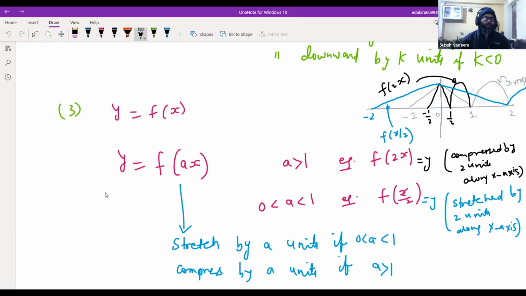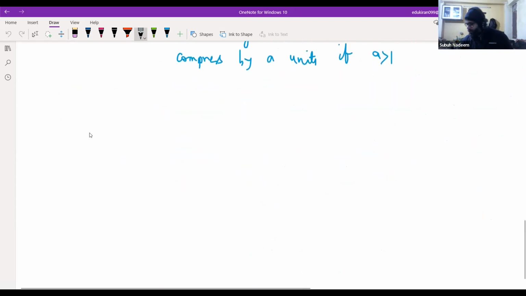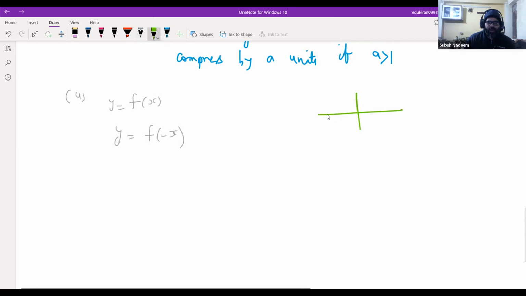Done, sir. Okay. Now, one more point here, you can write it as a separate point also: if f of x is given and you have to find f of minus x, then you can just take the reflection. For example, the graph is like this.